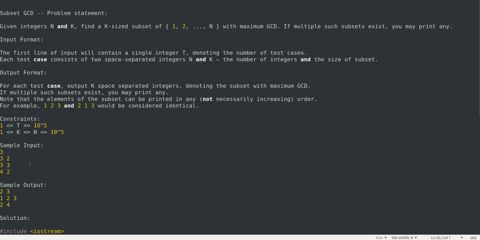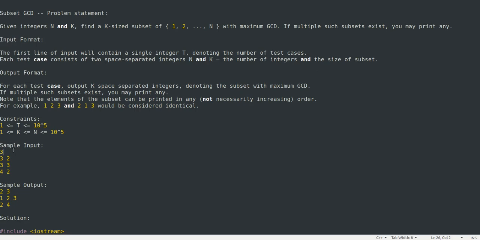Here they have given the sample inputs. There are three test cases here. The first test case is 3, 2, so n is 3, k is 2. Then n is 3, k is 3 for the second one. For the third one, n is 4, k is 2.